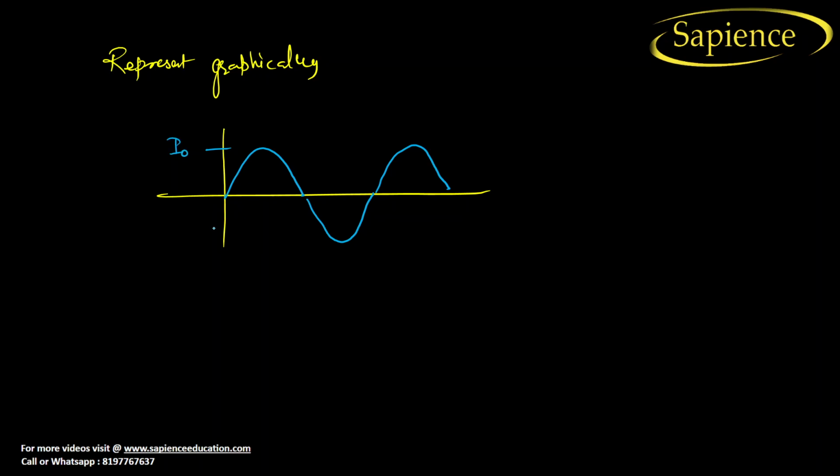When we talk about IRMS, IRMS is equal to 0.707 of I naught, that is nearly 70% of I naught. So let us see where it can lie. It can lie here. So this amount is 0.707 I naught. The magnitude of this current is known as the RMS value.